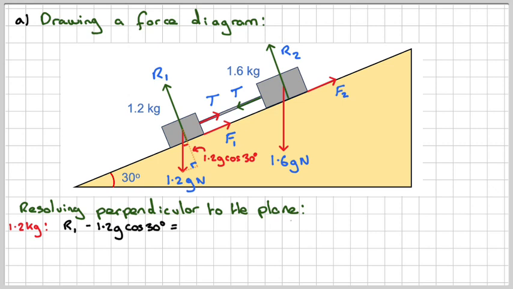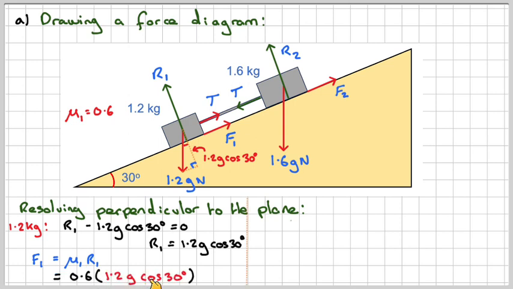Take away, that will be equal to 0 because it's in equilibrium. From that we can say that R1 will be 1.2 g cos 30 degrees. We know the coefficient of friction between this block and the slope is 0.6. So using F1 equals mu1 R1, that's going to be 0.6 times 1.2 g cos 30.